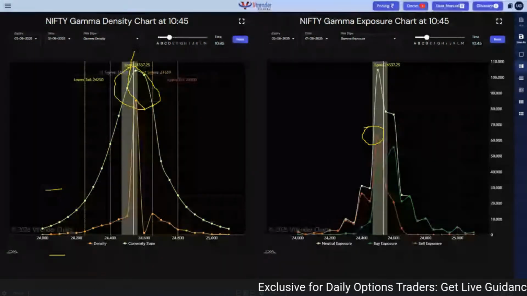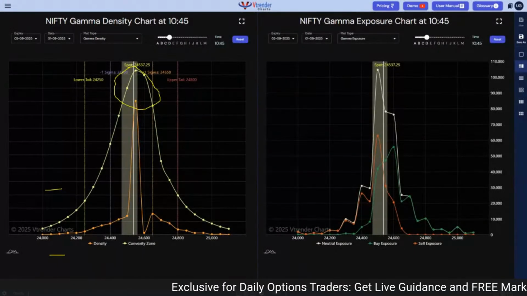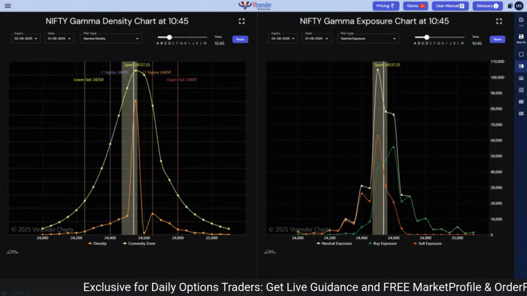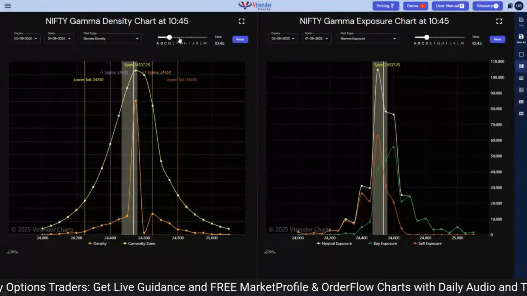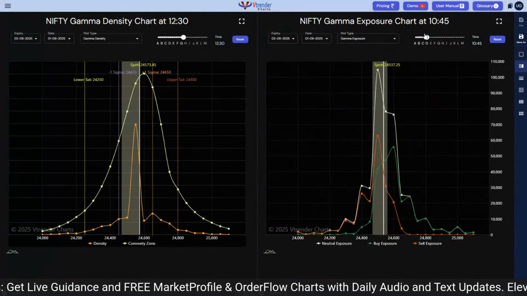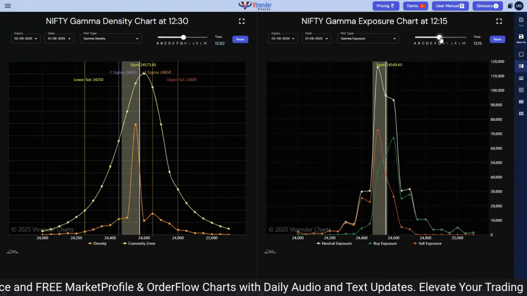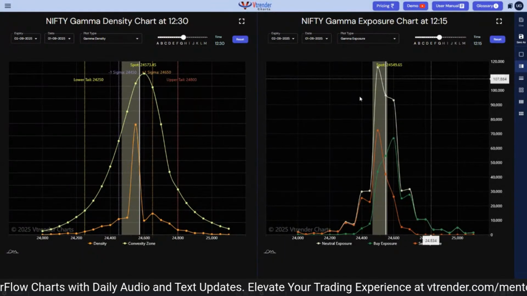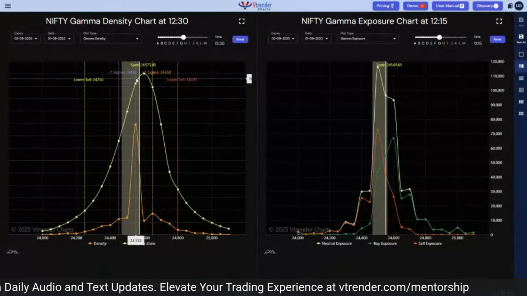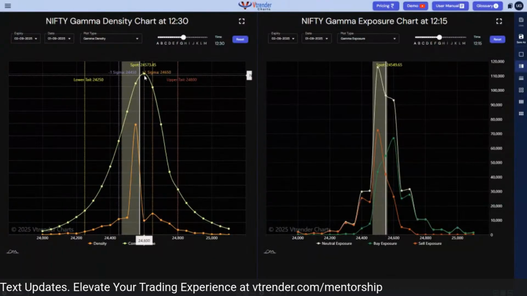And when this changes, then you can accordingly look to alter your position or take a fresh trade to trade the imbalance which is coming in. So it was the G period where we started that move, and you can see how this green long gamma is slightly increasing, and this has shifted from 24,500 to 24,600.